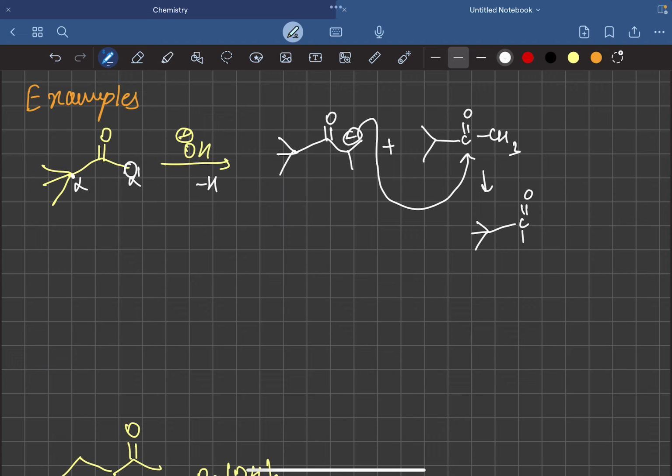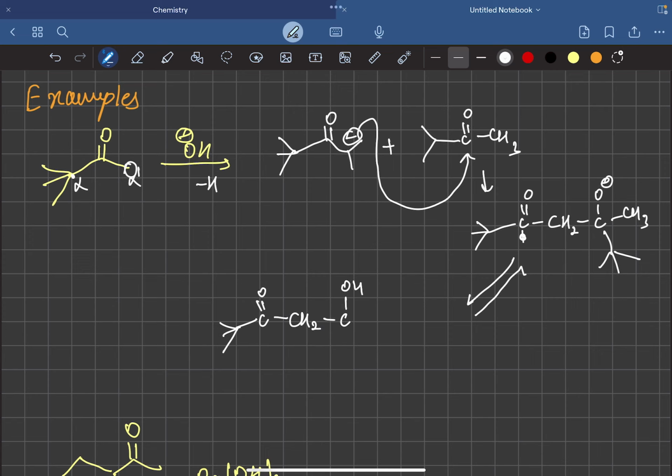This will be your CH2 C double bond O minus, with a CH3 and a tertiary carbon. Again the workup will be there. So the product will be C double bond O, CH2, C, OH, CH3. This is your final product.